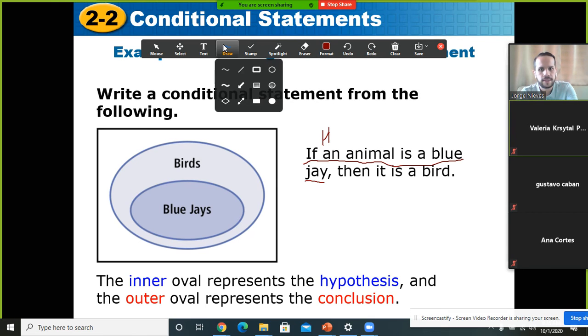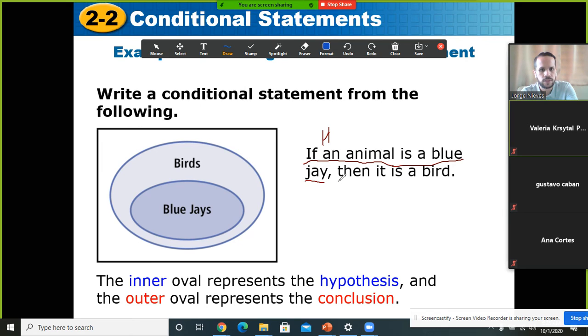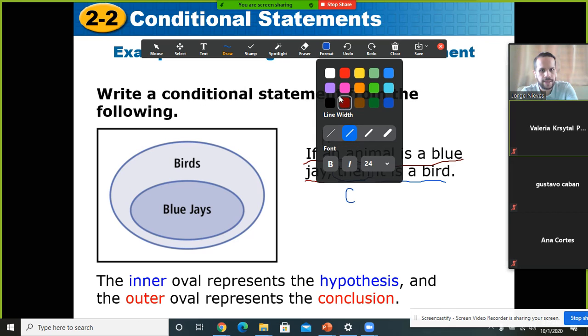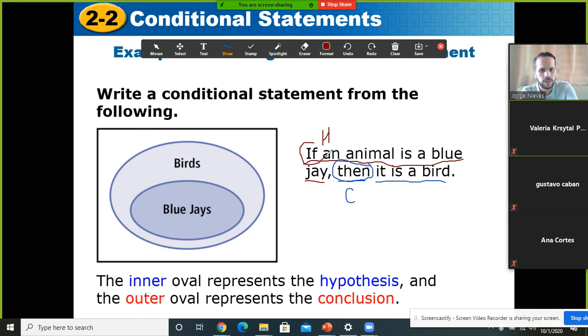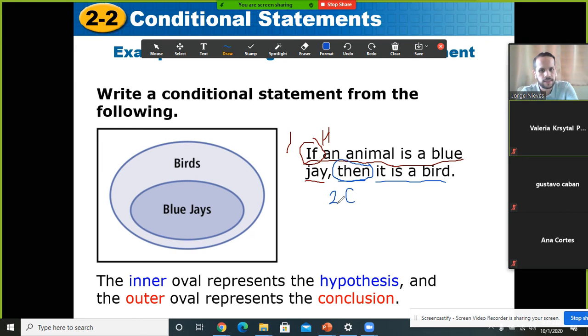So the conclusion is where we use the word then: it is a bird. ¿Entendimos? Añadimos then y añadimos if. Those two words, if and then, help us locate where the hypothesis is and where the conclusion is.